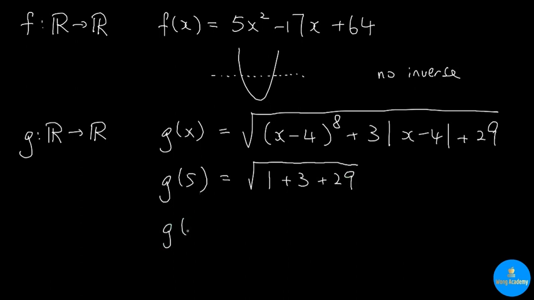While g of 3 will be square root of, once again, 1, because 3 minus 4 is negative 1, but raised to the power 8 will give us positive 1, plus 3 times 1, because 3 minus 4 is negative 1, but absolute value will give us positive 1, and then plus 29. They are the same numbers, so we have two distinct inputs that lead to the same output, and hence this function g has no inverse.